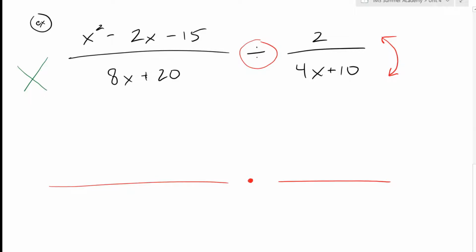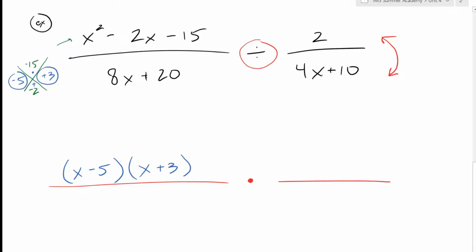So x factoring this top one here, it's a negative 15 on top, but negative 2 on bottom. The two numbers that complete that would be a negative 5 and a positive 3. They multiply to give me negative 15 and add together to give me a negative 2. So written out, that is x minus 5 and x plus 3.